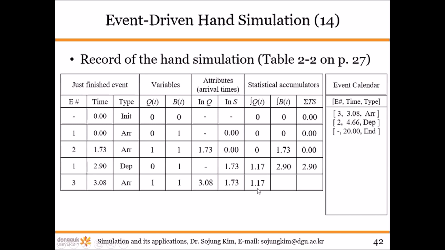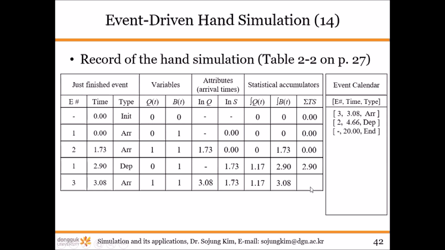If you add 0 to 1.17, you will definitely get 1.17, right? And then this value will be 3.08, because the server is always busy from the beginning to 3.08 minutes.